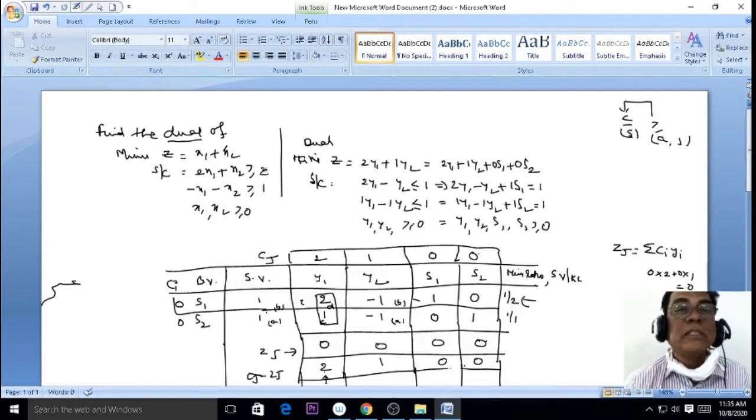So minimization has two variables, 2 and 1, converted into the maximization function 2y1 plus 1y2. Next, you go to the first equation, 2y1 plus 1y2 minus 1y2, with the corresponding minimization value 1. If the equation is greater than or equal to, convert into less than or equal to, like this.